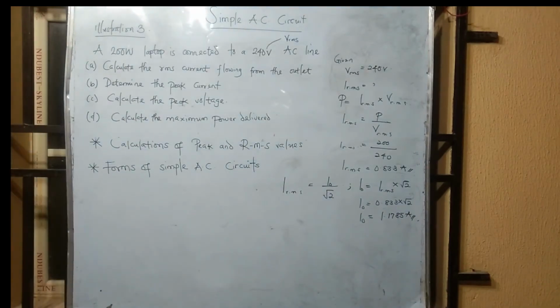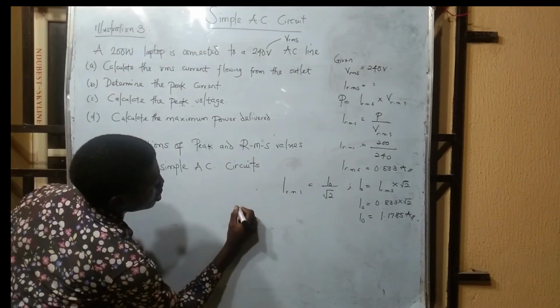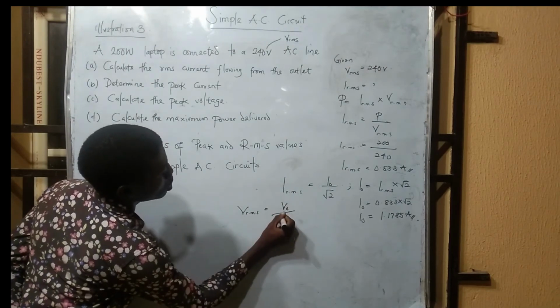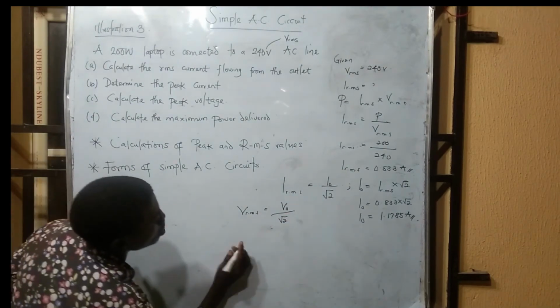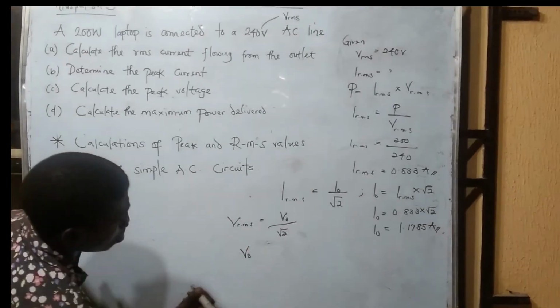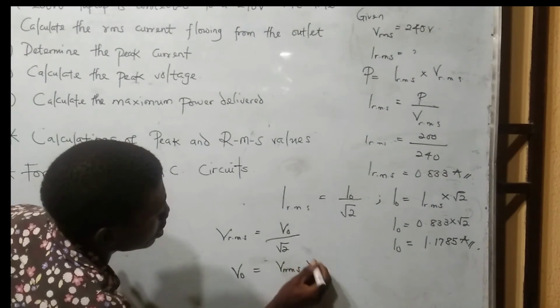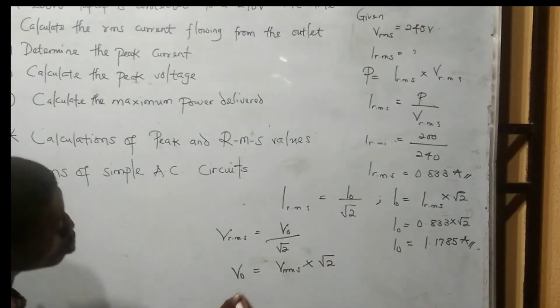So also let's quickly go to our peak voltage. So how do we get our peak voltage? Since we have our root mean square voltage, the relationship is root mean square voltage equals our peak voltage over root 2. So that way we have our peak voltage equals our root mean square voltage times square root 2.